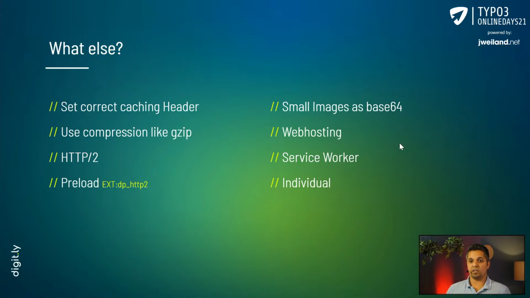So if you are in a train and you lose the connection, the browser cache will not answer. The service worker can serve the offline cache. And last but not least, every project needs individual analysis.